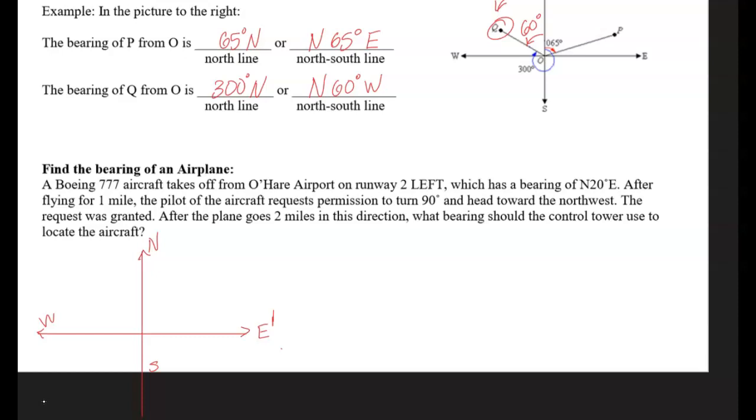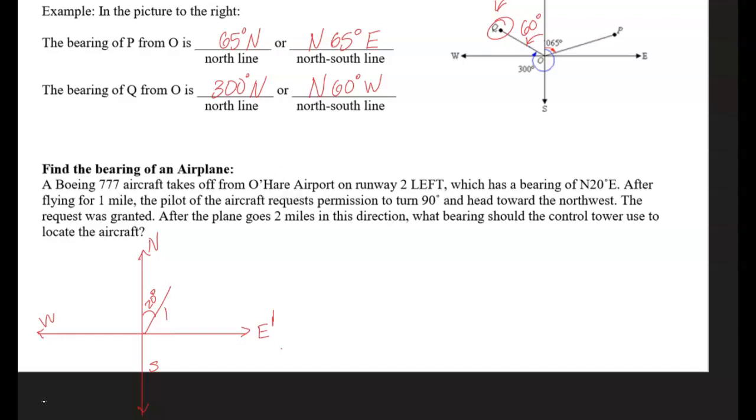Starting from our north line, heading east, it is 20 degrees. That's our bearing. So I'm going to draw a line. And from here down to our bearing is 20 degrees. And then it says the airplane flew 1 mile in that direction.